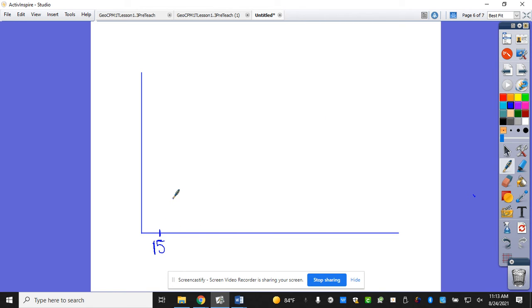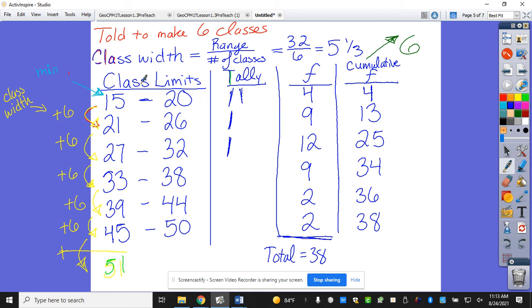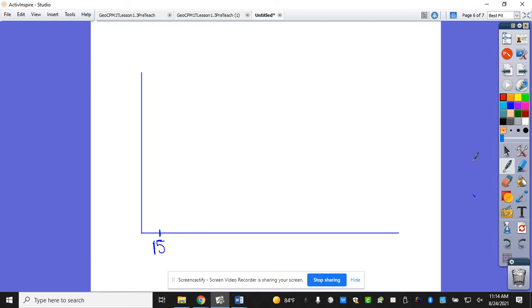Let's not even think about bars right now. I started by writing this number down. That is right here. So what do you think the next number I should write down is? 21. So these should be spaced equally. And then 27.